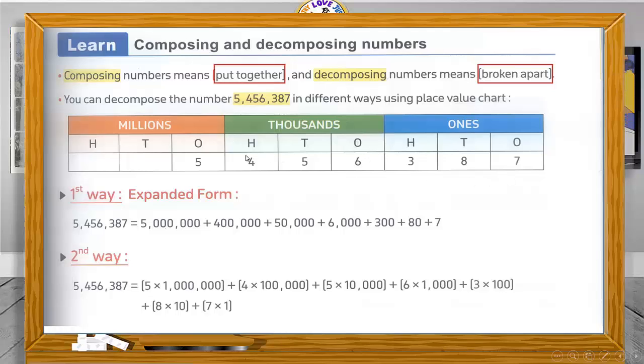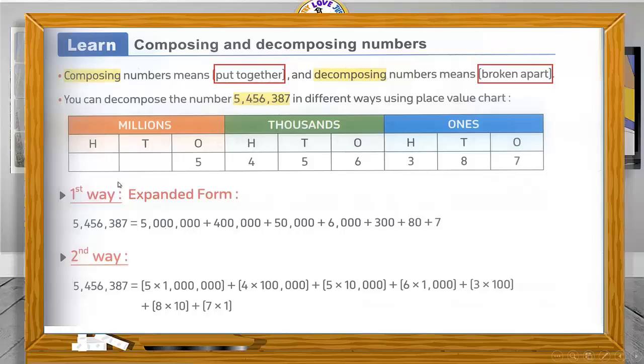We have here our place value chart, and we have two ways to decompose the number. First way, expanded form. If it tells you decompose this number, you can write the number in expanded form. This is your answer.